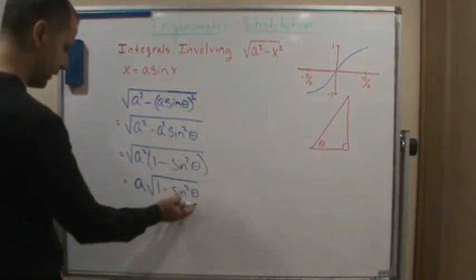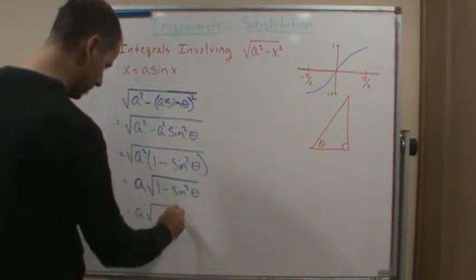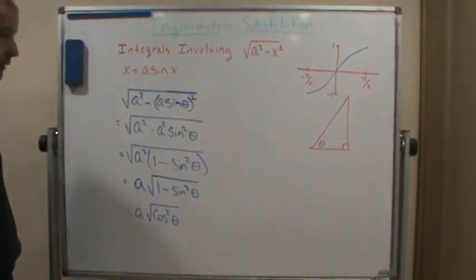Now I'm going to use the Pythagorean identity, and so I get a times the square root of cosine squared theta.